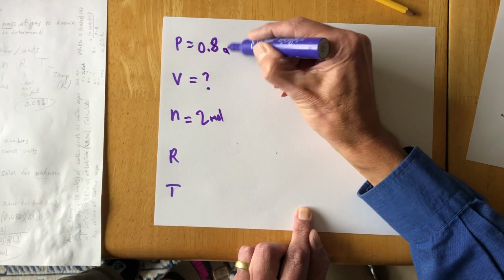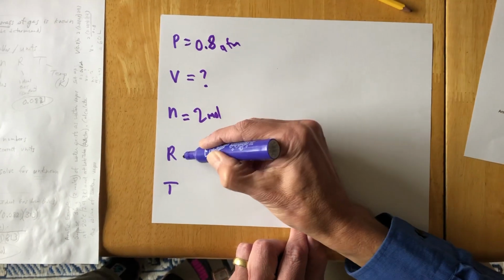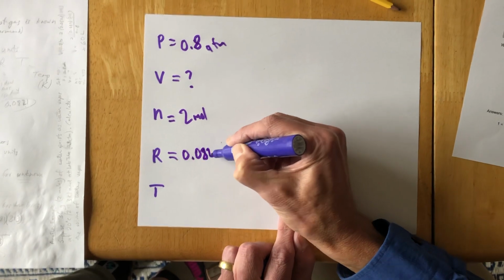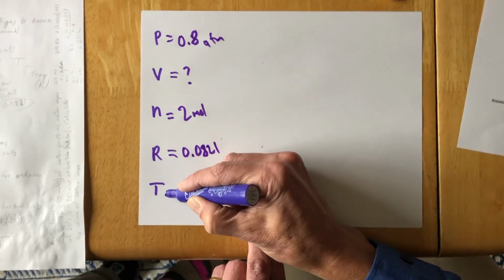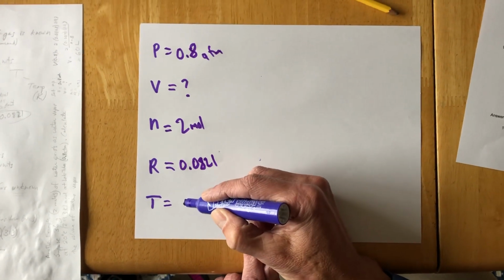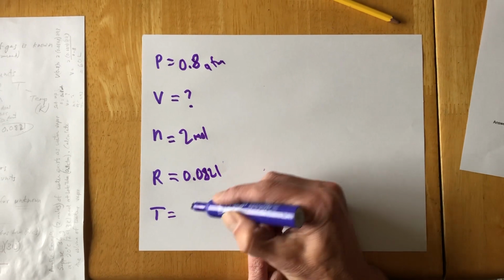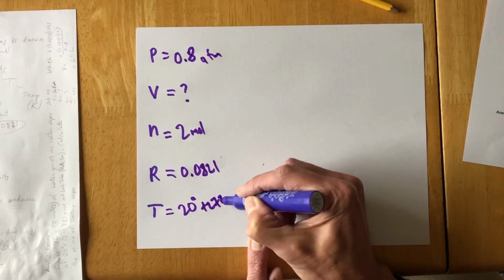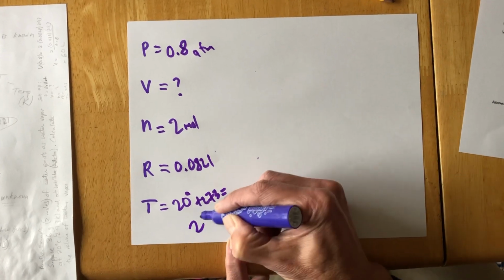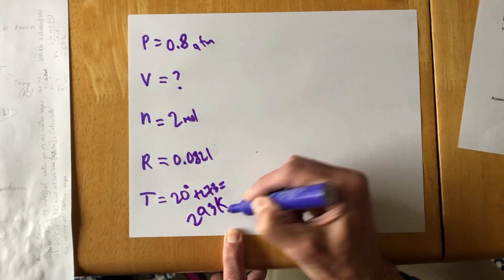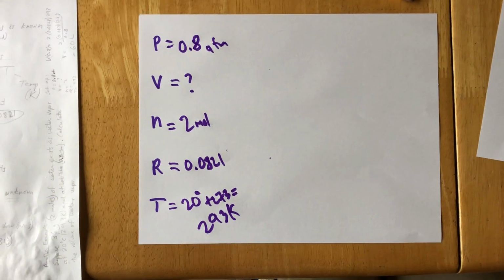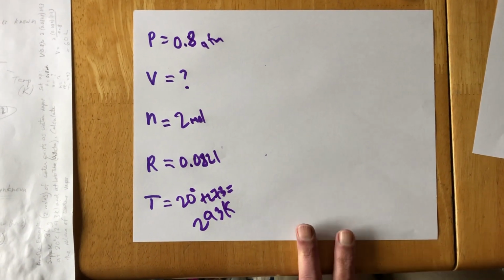R equals 0.0821. And 20 degrees Celsius plus 273 equals 293 Kelvin. So we have 4 knowns and 1 unknown, and we'll solve for the unknown.